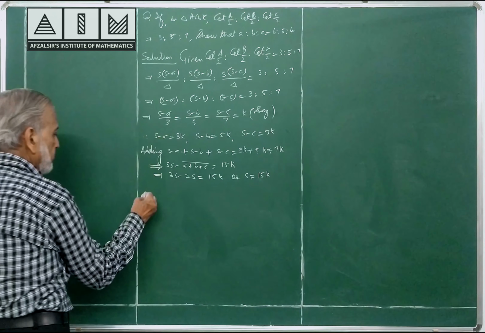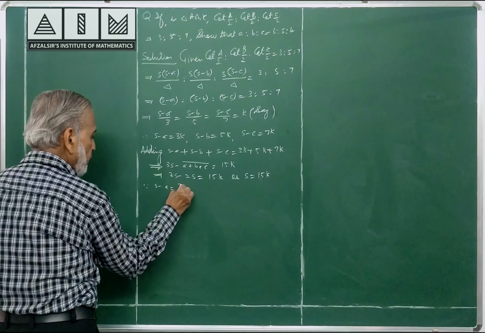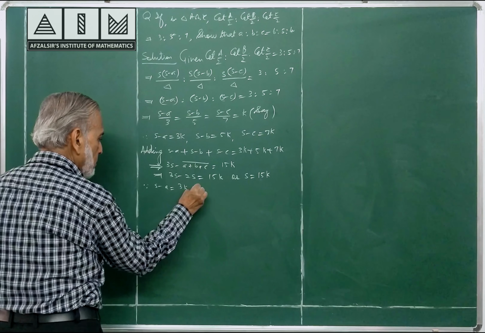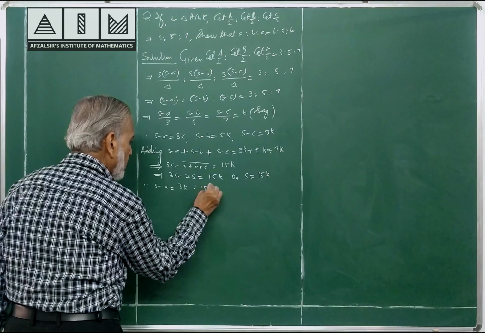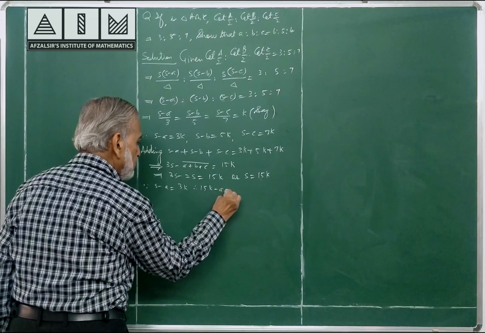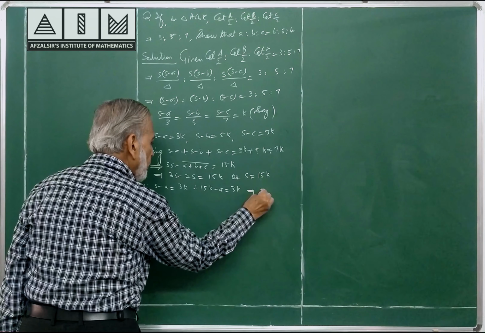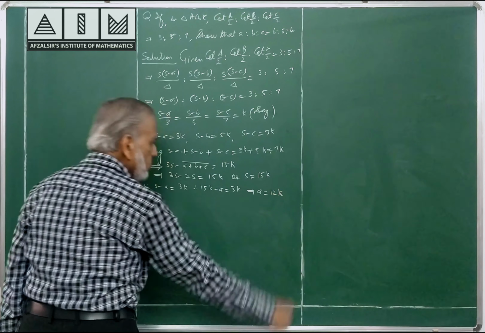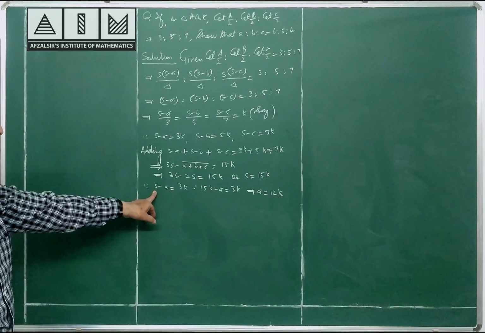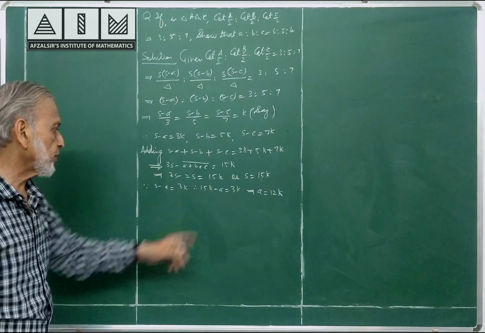Now please see here, S minus A is equal to 3K. You got the value of S just now, substitute. S is 15K minus A is 3K, this will give you A is equal to 12K.